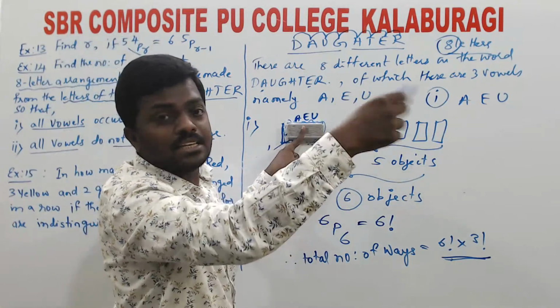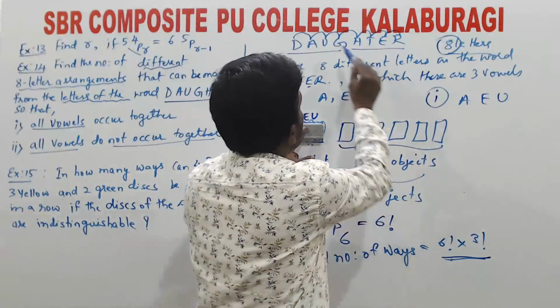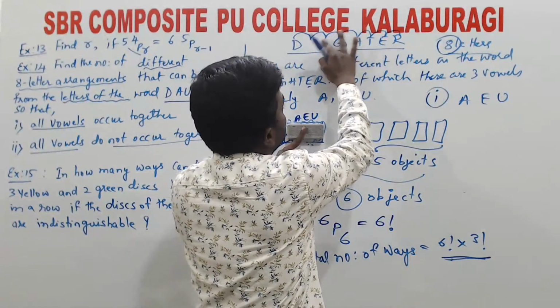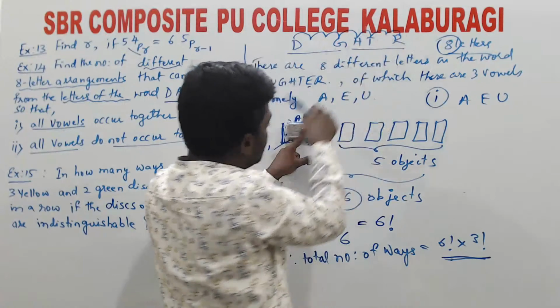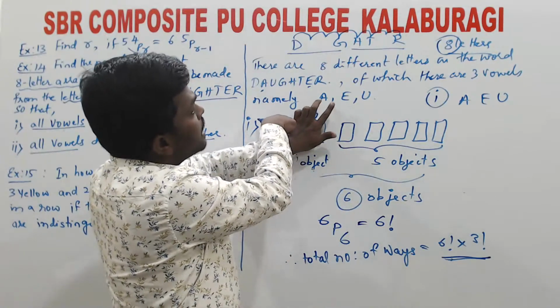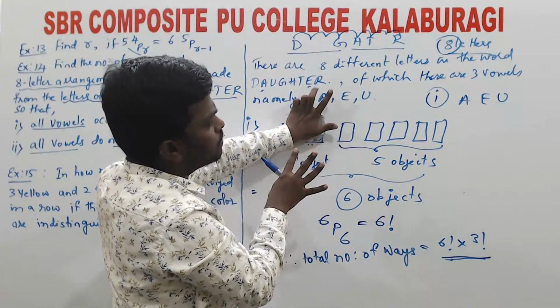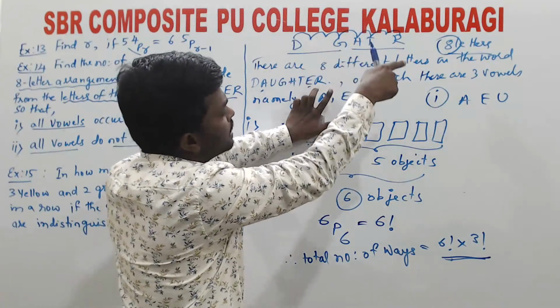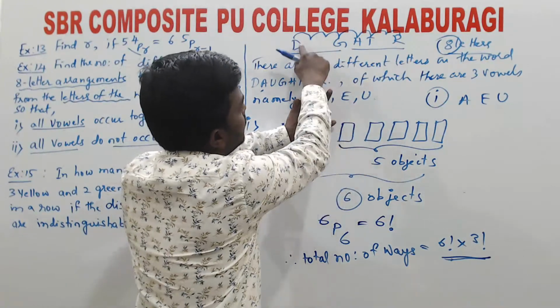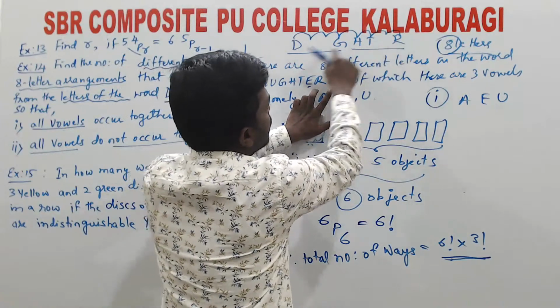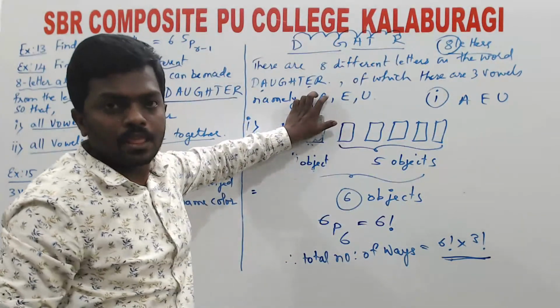So how many students are still left? If A, U, E have gone into one bogie, we are considering this as one single object, right? So how many students are still there? D, G, H, T, R. So these are nothing but 5, right?